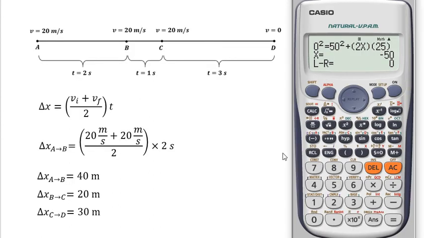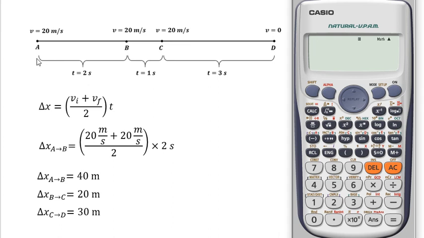Now I would like to teach you how to save or store values so that it's easier for you to do the calculations. Okay, in this problem, we are given points A, B, C, and D. And so actually we have three segments, A to B, B to C, and C to D. The problem here is you want to solve for the displacement for each segment.